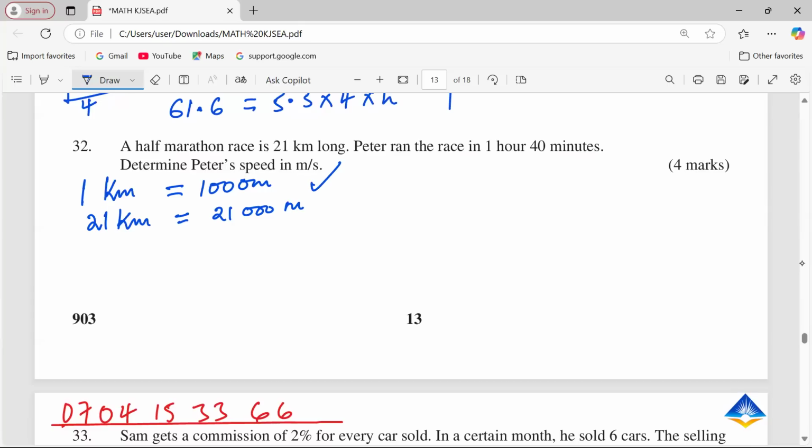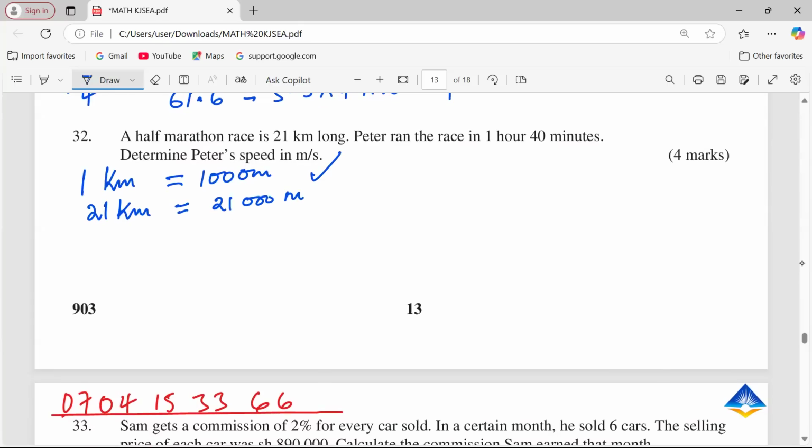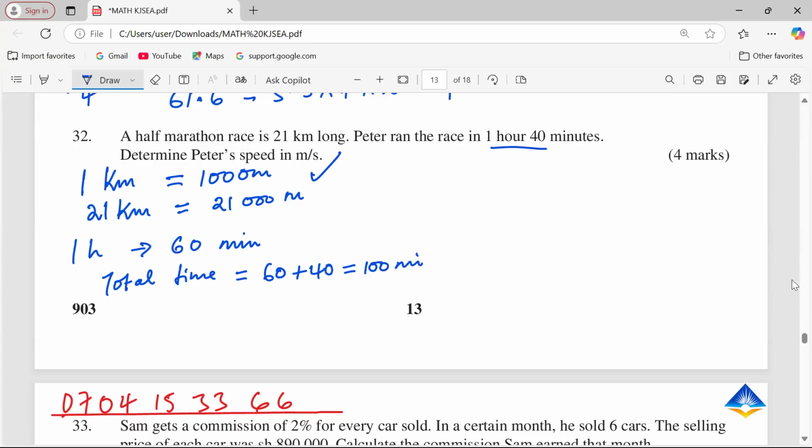We usually say that 1 hour equals 60 minutes. Then we already have 40 minutes, so the total time is 60 minutes in the 1 hour and the 40 minutes. So we have 100 minutes.